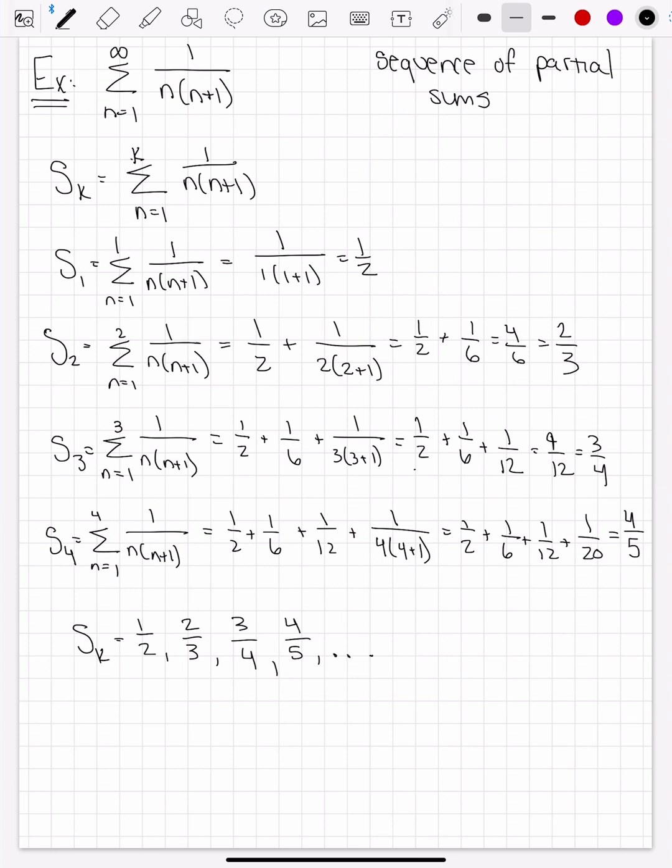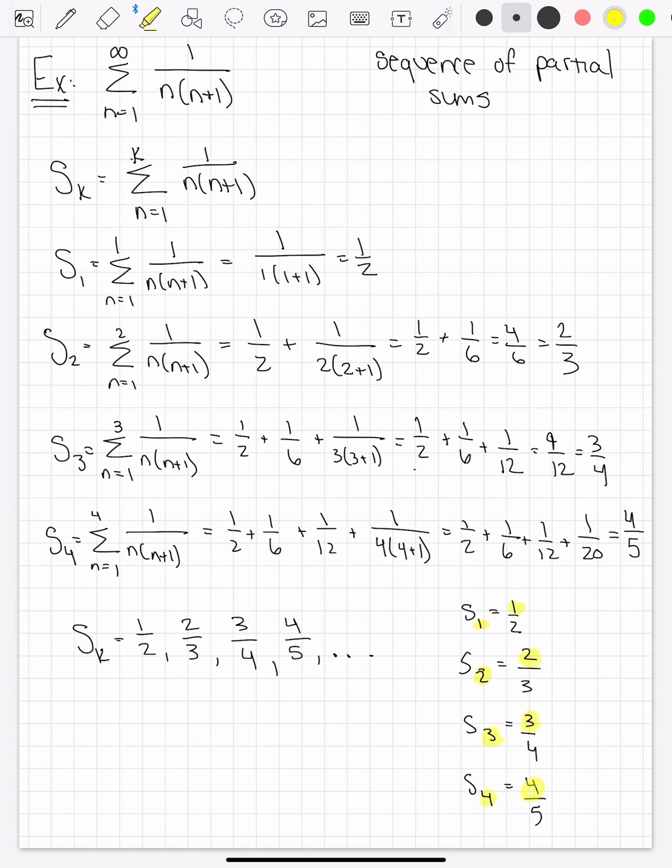So remember, we want to find a formula between the index and the term that we're on. I like to write them out like this when we're trying to figure out a formula for the sequence. Notice that the numerator of each of these fractions matches the index.